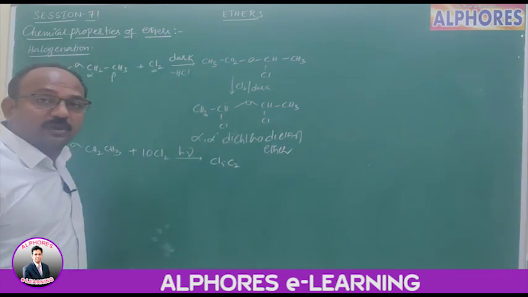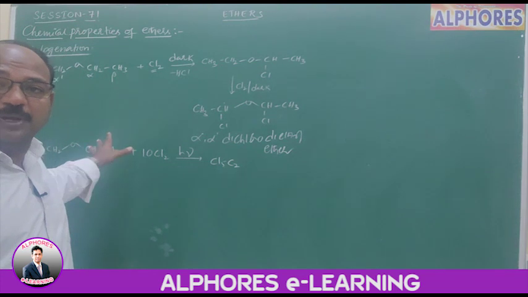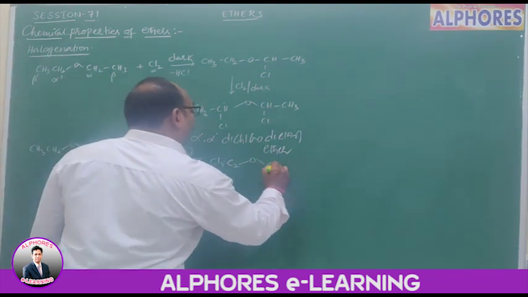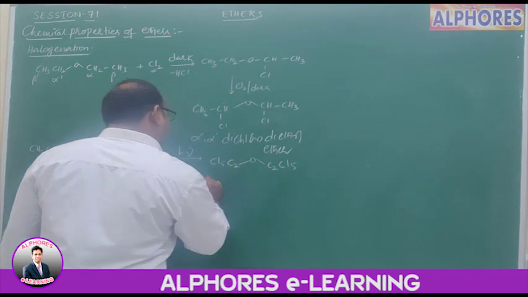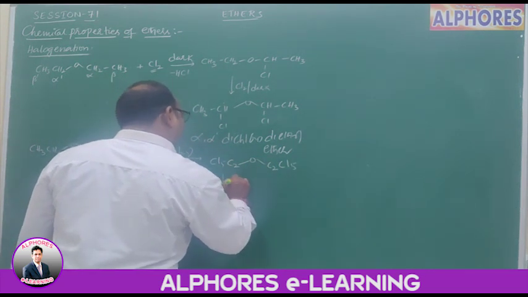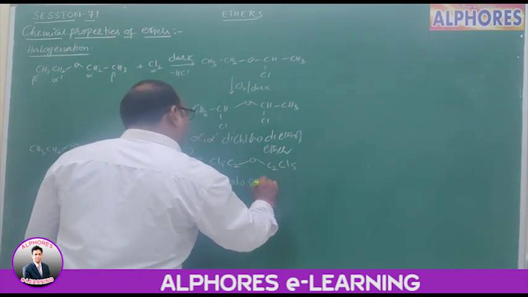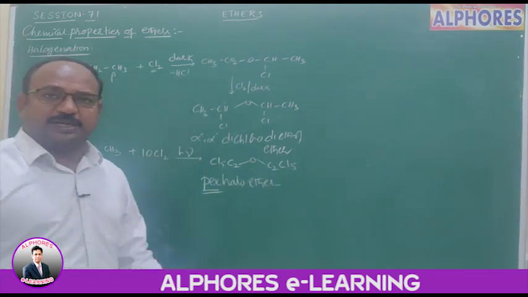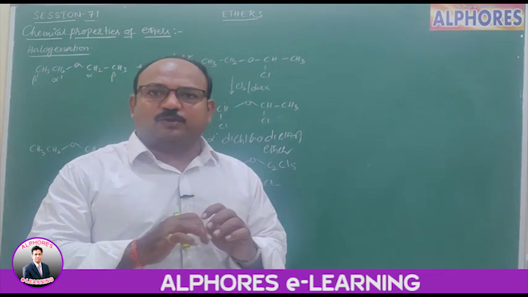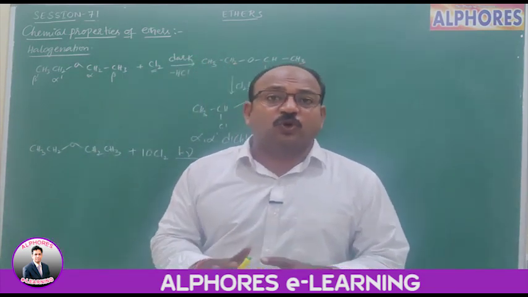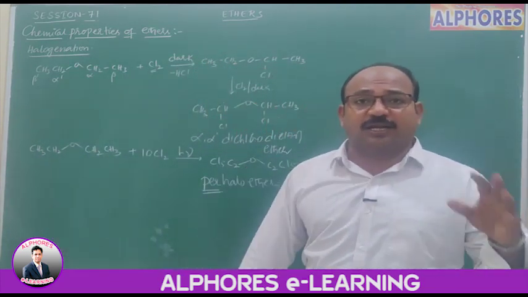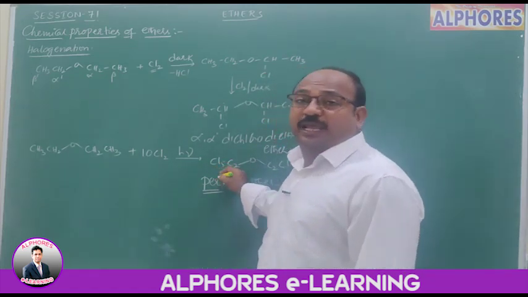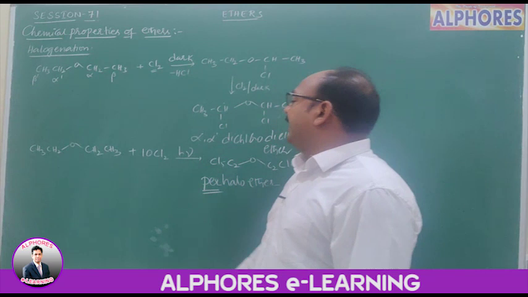So what happens in presence of sunlight? Diethyl ether CH3CH2OCH2CH3 upon reaction with chlorine in presence of sunlight, 10 moles of chlorine react with diethyl ether and we get C2Cl5OC2Cl5. Instead of C2H5, all the hydrogens are replaced by halogen atoms.